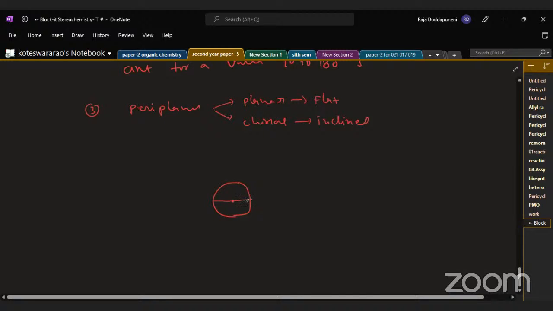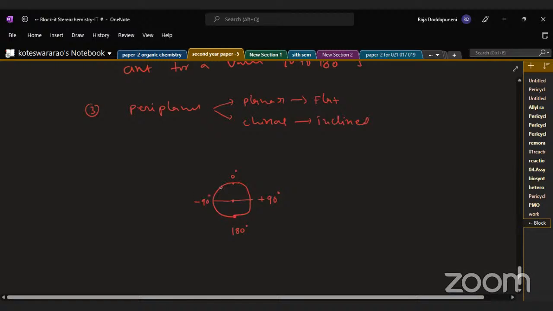Here I am marking the 0 degrees angle, and the opposite point is 180 degrees. The clockwise rotation is plus 90 degrees, and the anti-clockwise direction is minus 90 degrees.